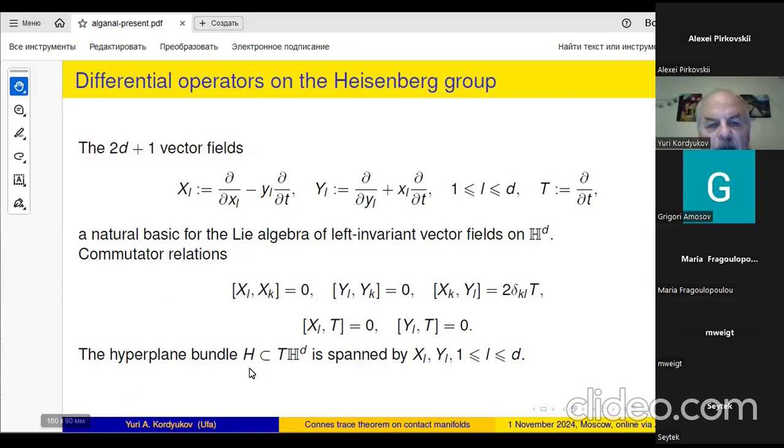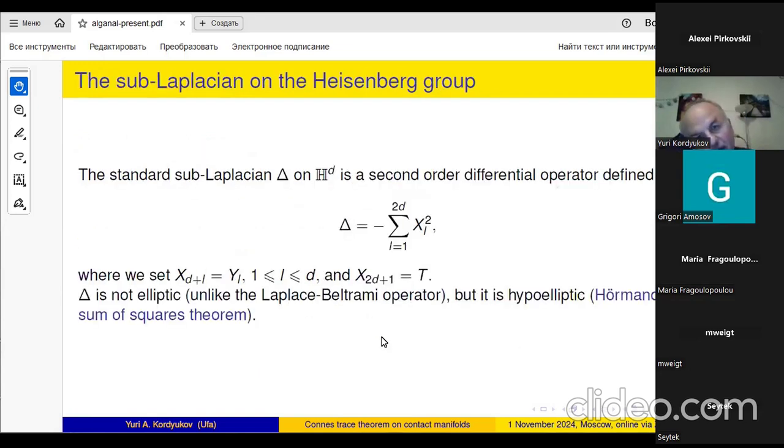And the hyperplane bundle H is spanned by these vectors X and Y. And one can check that theta vanishes on these vector fields.